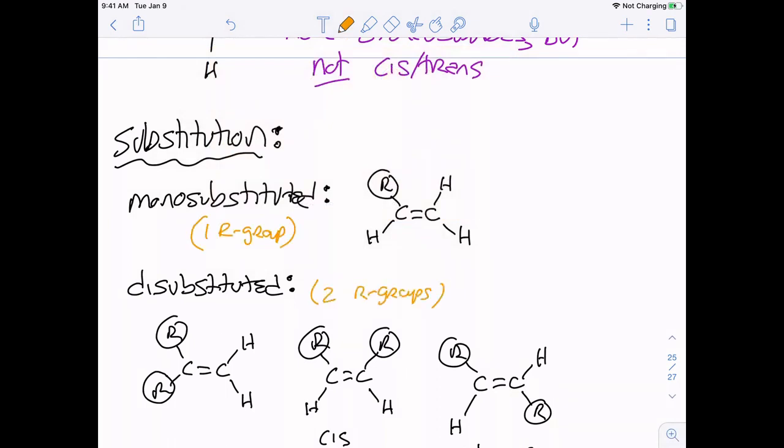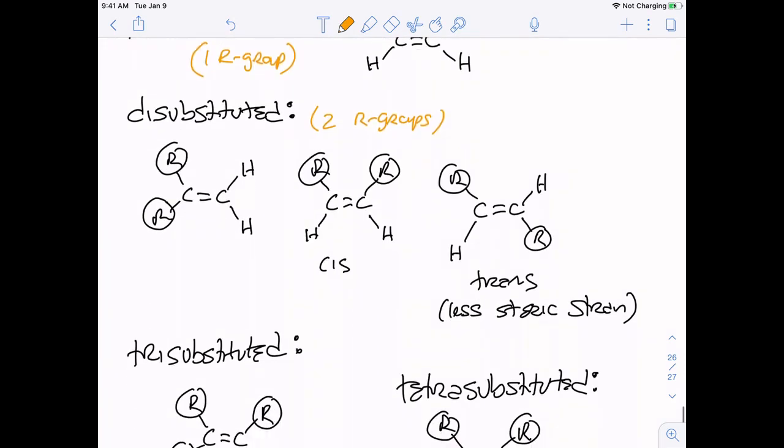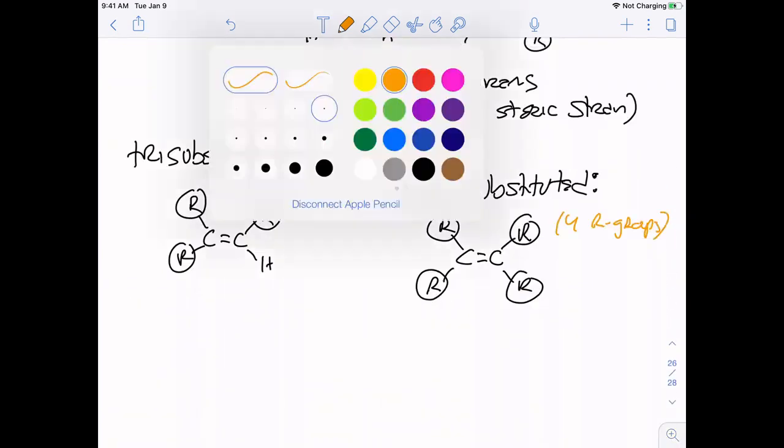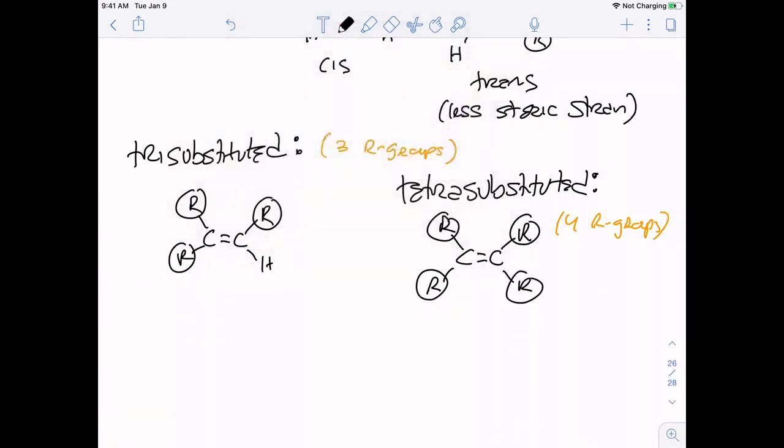Different ways we can achieve that, but still 2. Tri-substituted, 3 R groups. And then tetra, 4. In general, the stability of our alkene is going to increase as its substitution increases.